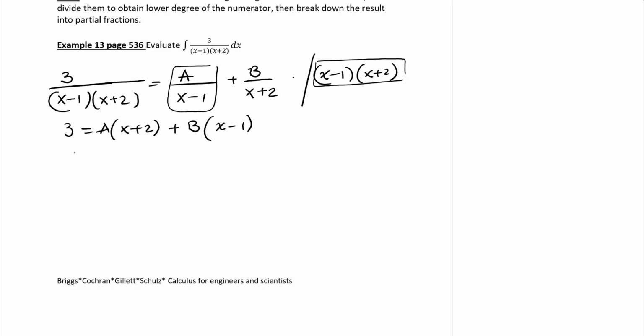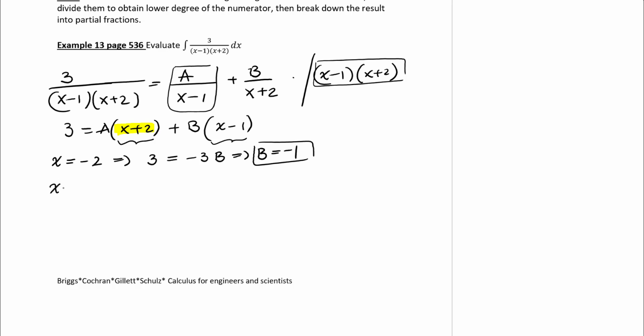Now, we have more than one method to solve this. I'm going to use one method, and in a different problem, I'm going to use another one. If we set x equal to negative 2, we're going to get 3 on the left-hand side, and then this term here is going to be 0, and this term here is going to be negative 3b, so we'll be able to calculate b right away. So why did I choose negative 2? Because it's a 0 of these parentheses.